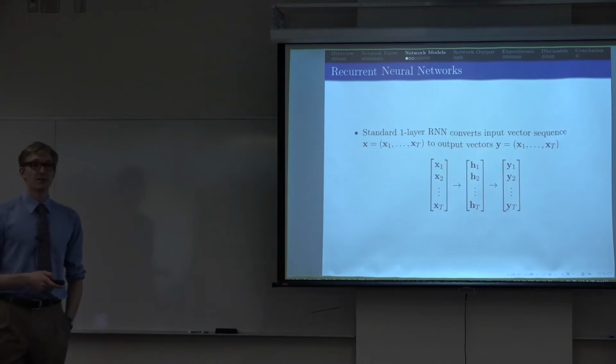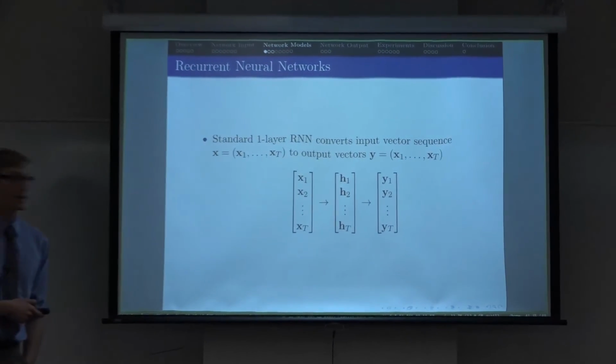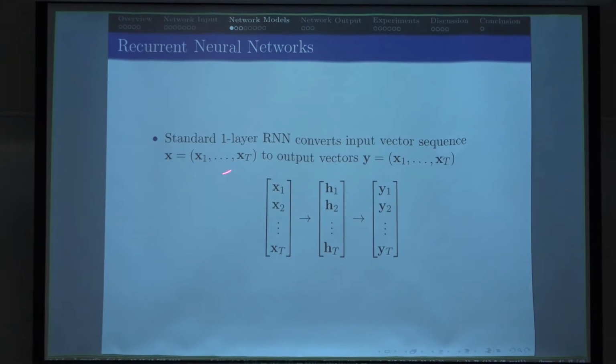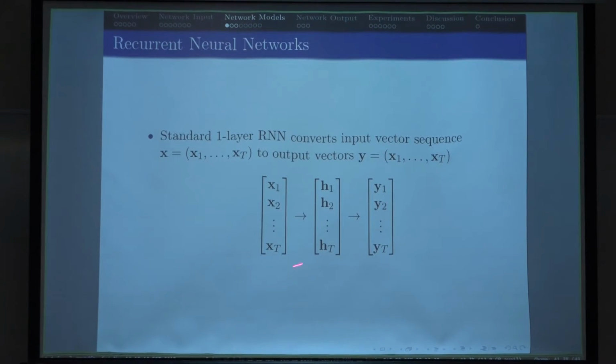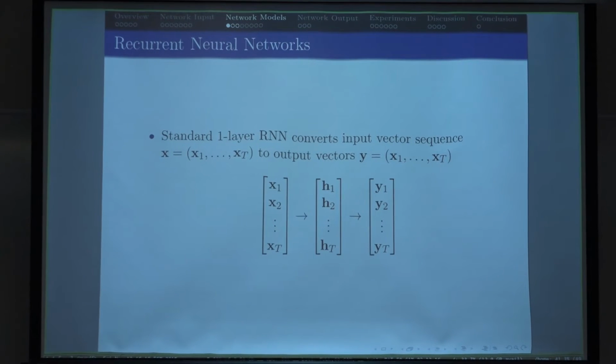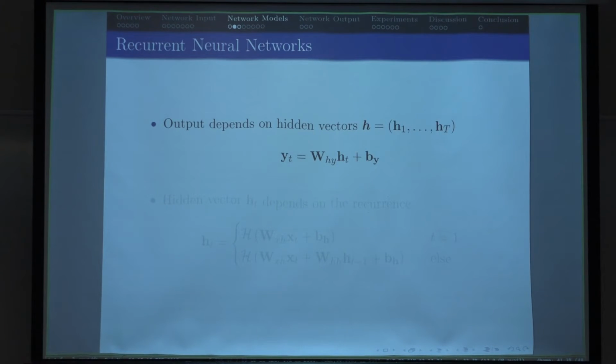OK, so we'll just go over recurrent neural networks very, very briefly. Starting with just a single layer recurrent neural network, we're still talking about a sequence of vectors that we want to convert into some hidden sequence of vectors, and then to our output vector. Now, the normal transformation that we care about is a parameter matrix, which is an affine transformation, and then this also offset bias term here.